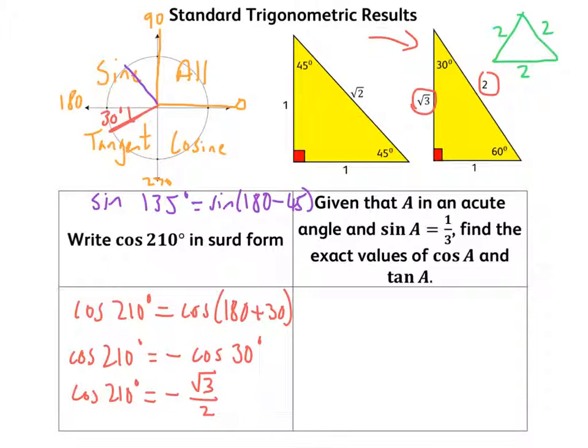And I know that sine is positive in this section, so sine 135 is the same as sine 45. And I know what sine 45 is, which is 1 over root 2, isn't it? So sine 135 is 1 over root 2.